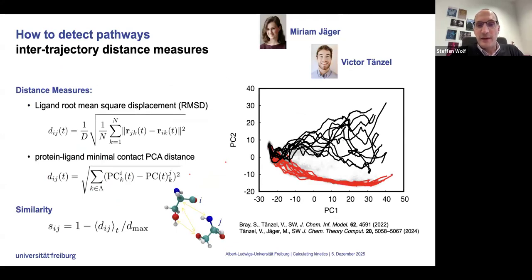So we can start with minimal contact distances between ligands and proteins, calculate their respective dynamics over time, calculate the respective covariance matrix, diagonalize it, and project the trajectories onto the first few eigenvectors which are of interest.